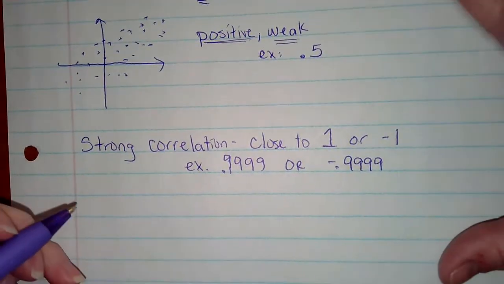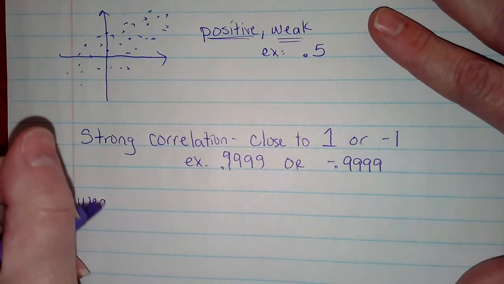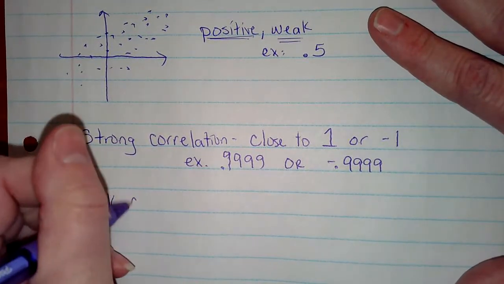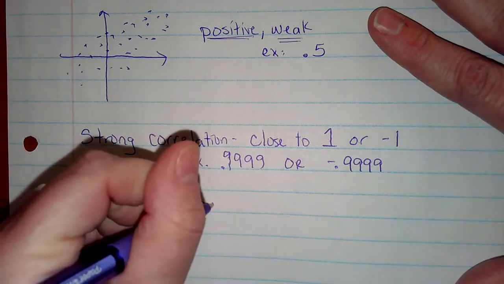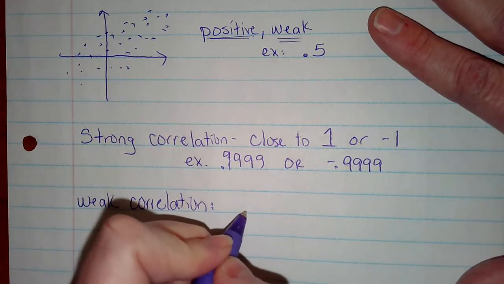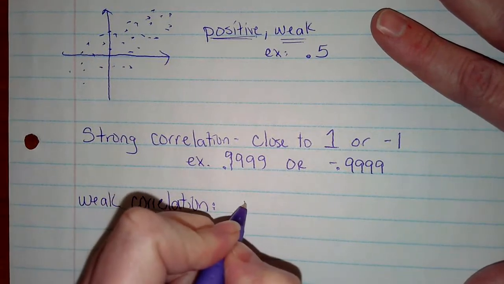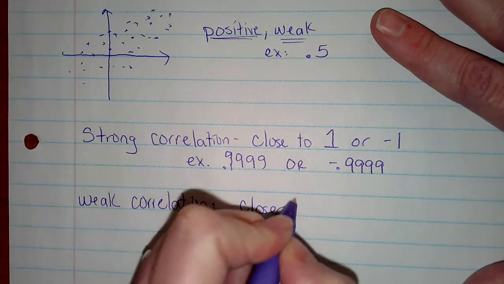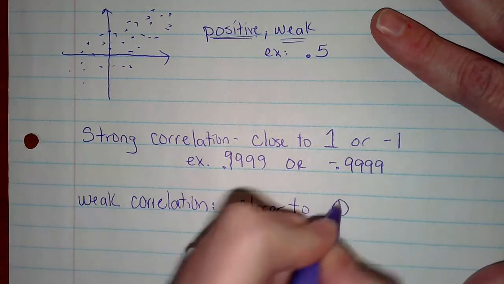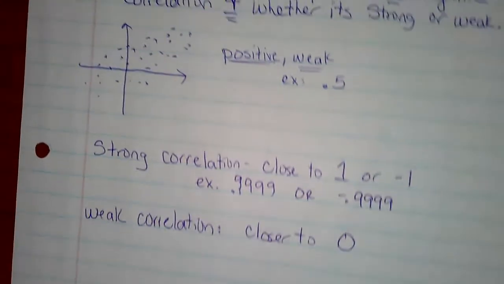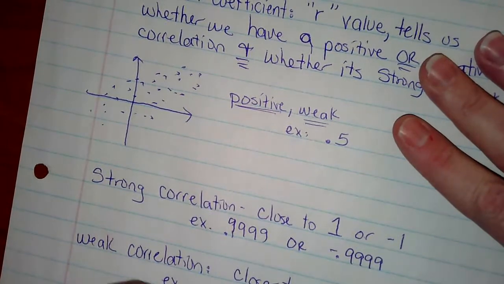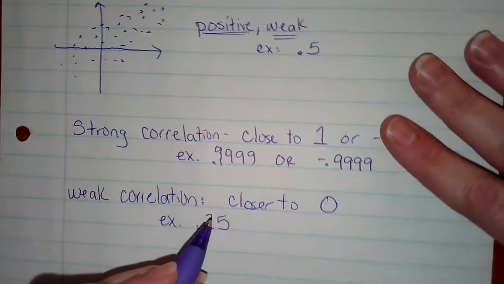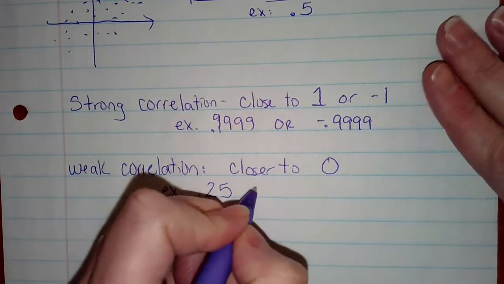A weak correlation would be when our R value is closer to 0. For example, if we had a correlation of 0.25, that is a weak positive correlation.